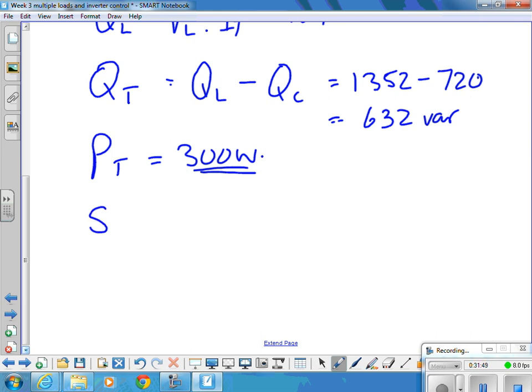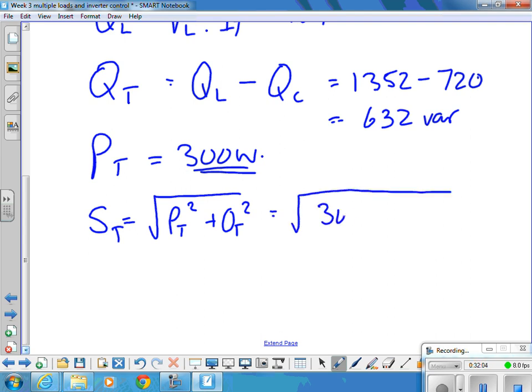Yeah. S total is equal to the root of 300 squared plus 632 squared, 700 VA.